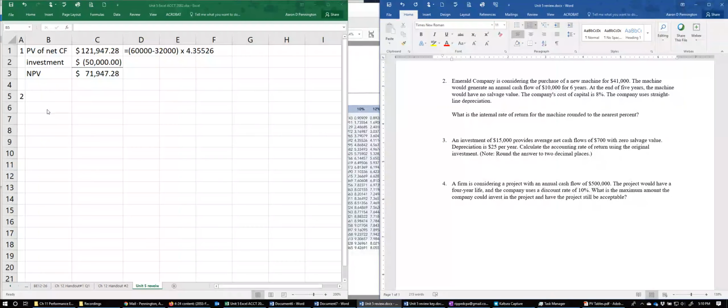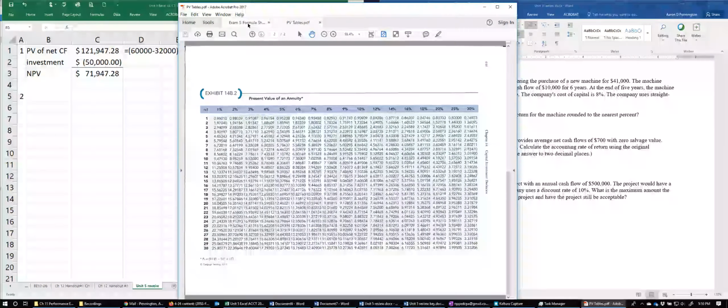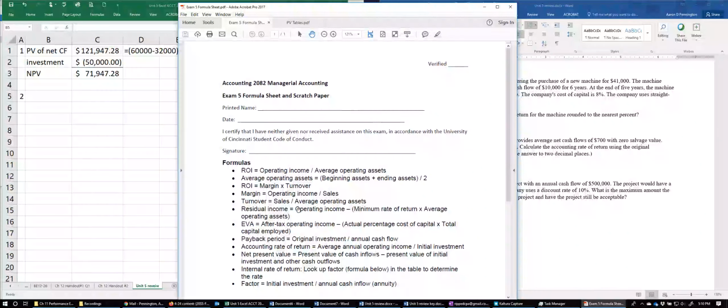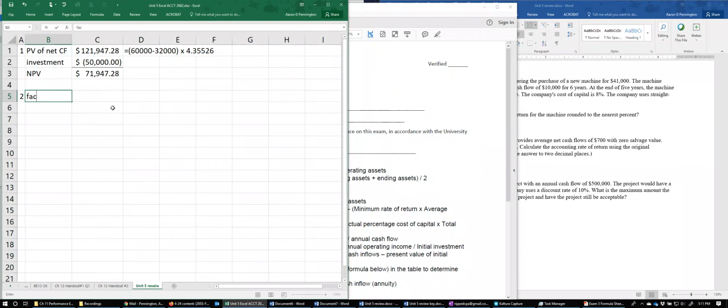So we need to come up with the factor that we should look for. Let me see how our formula sheet designates this.